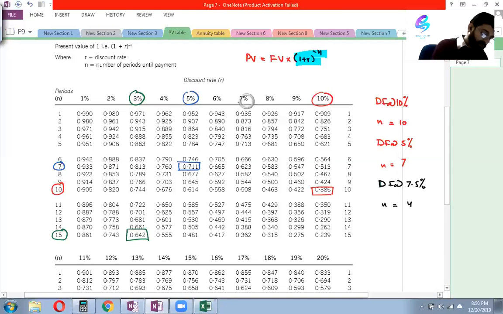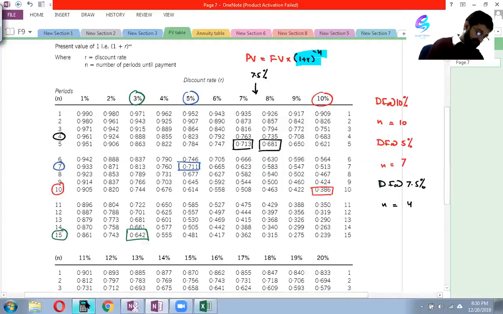Now you don't have 7.5%. So what you can do in your exam, first of all, it's 4 years and 7.5%. You can either take this value, or this value, or you can calculate it exactly somewhere in the middle for 7.5%.